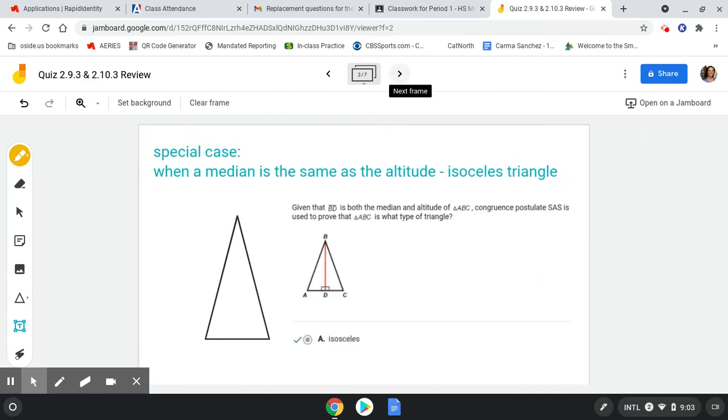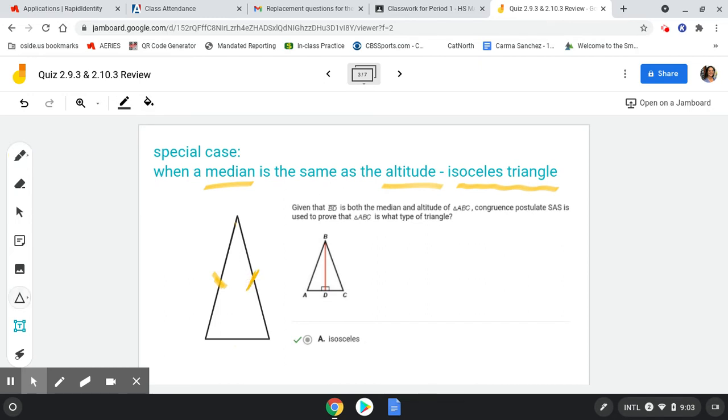So there is a special case when your median is the same as an altitude, and that's only during an isosceles triangle. So when I draw in the median, it's a terrible line, hang on. When I draw in the median of an isosceles, by the way, what's an isosceles? An isosceles is a triangle with 2 of the same equal sides, right?